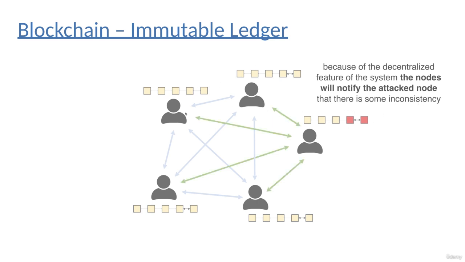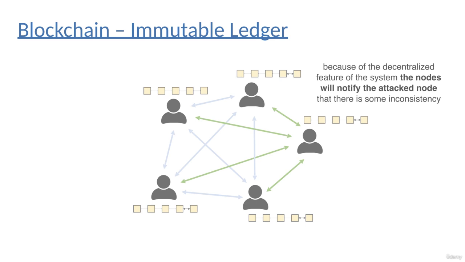And because most of the nodes have the same blockchain and there is just a single node with a different blockchain, the single node will update its blockchain accordingly. So essentially, there is no point in hacking a single node in the underlying blockchain because this change is not going to be reflected in the blockchain. All the other nodes of the network will notify the user to update the blockchain accordingly.